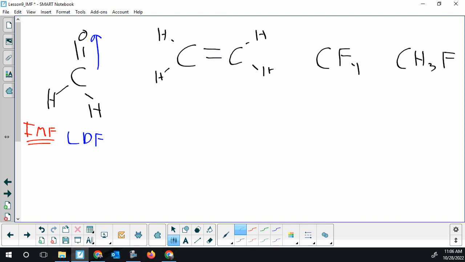So we have a polar section, so there is dipole-dipole forces. That C to O in one of these molecules will be attracted to a flipped C to O in another. Okay. The O is the negative end, carbon is the positive end. Is there hydrogen bonding here? We have an O and we have an H, but the H is not having any fun.